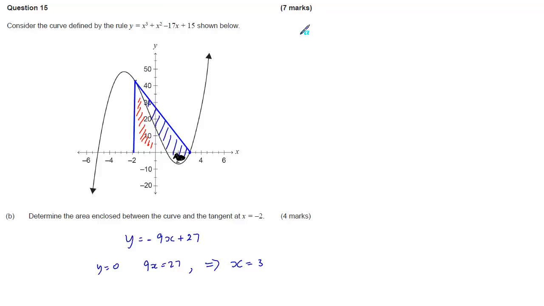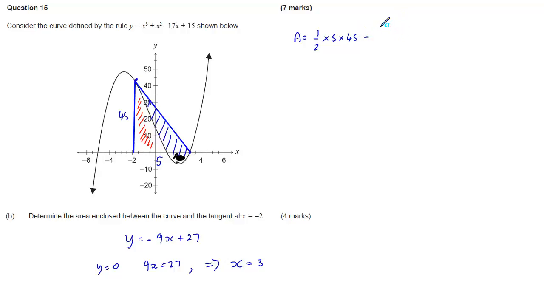So what we're going to have is the triangle, which we can see has a base of 5, and remember the height here was 45, so that's going to be a half times 5 times 45.